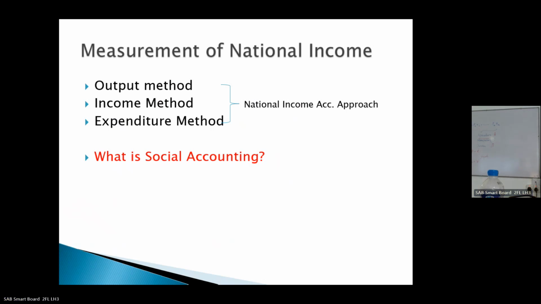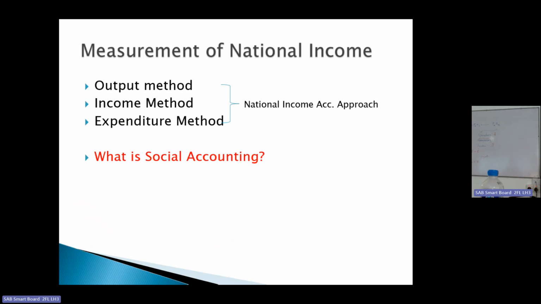Domestic means regardless of the ownership, we calculate the government output products within the geographical area, residents and non-residents. How much production within the area, that is the gross domestic. Our nationals, our residents, also produce in outside countries.